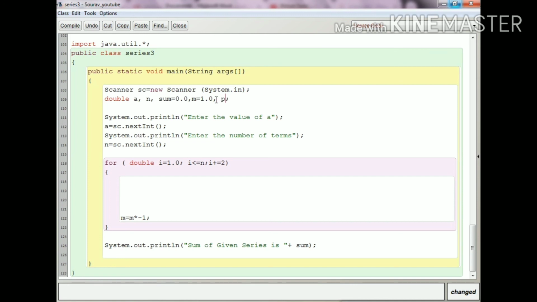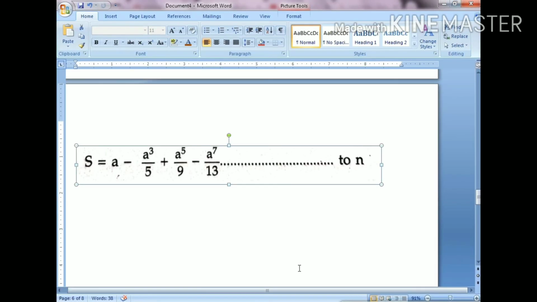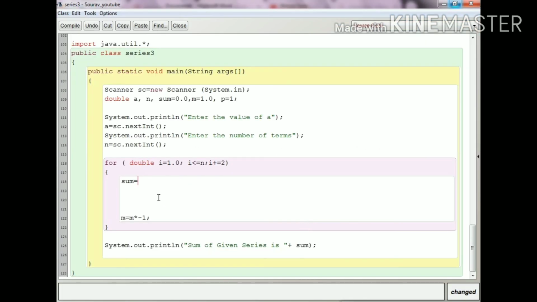So I write like sum equals sum plus, I have to use Math.pow, Math.pow a comma i, divided by p, and next p plus equals 4.